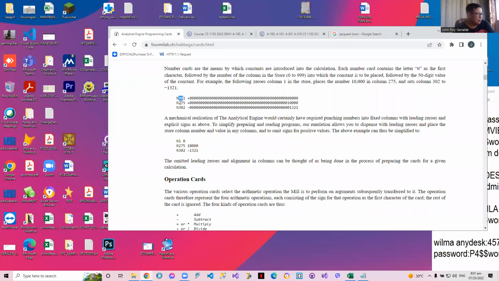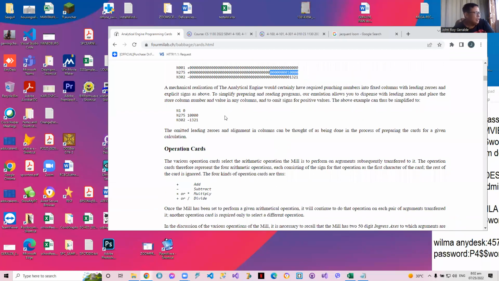When you say N275, 10,000, the value 10,000 is stored in column 275, or that's the 276th column, assuming everything starts with 0. Any questions? And when you say N302, -1321, a negative number is placed in column 302.